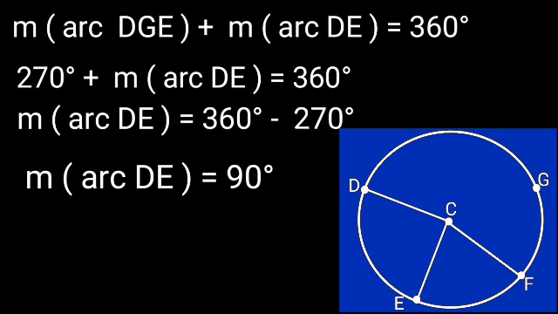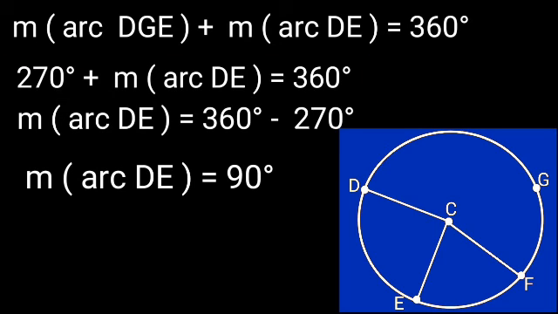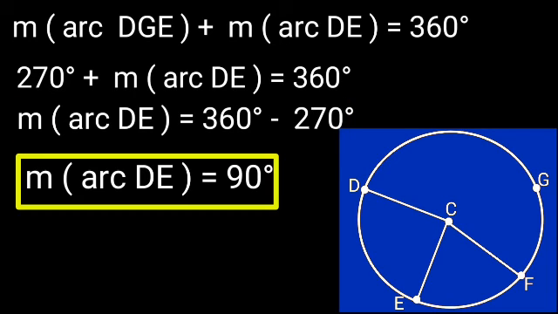Complete the circle. Hence, substitute the value: 270 degrees plus measure of arc DE is equal to 360 degrees. We have to find the measure of arc DE. Hence, measure of arc DE is equal to 360 degrees minus 270 degrees, which is 90 degrees.